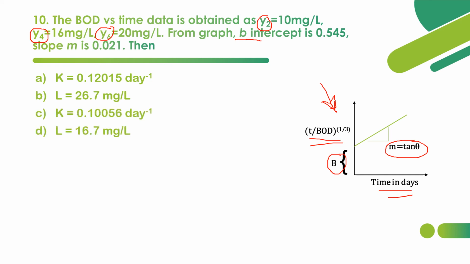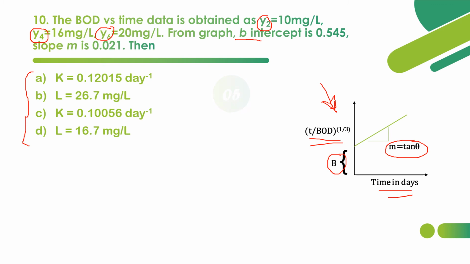Among the 4 options, 2 options are correct, one for K, that is the deoxygenation coefficient, and one for the ultimate BOD value. What are the correct options regarding K and L values?